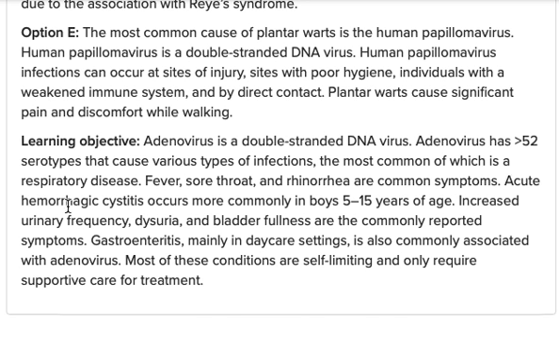Acute hemorrhagic cystitis occurs more commonly in boys 5 to 15 years of age. Increased urinary frequency, dysuria, and bladder fullness are the commonly reported symptoms. Gastroenteritis, mainly in daycare settings, is also commonly associated with adenovirus. Most of these conditions are self-limiting and only require supportive care for treatment.